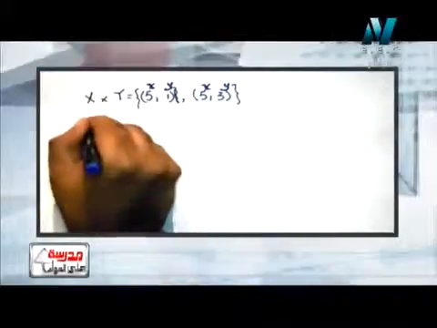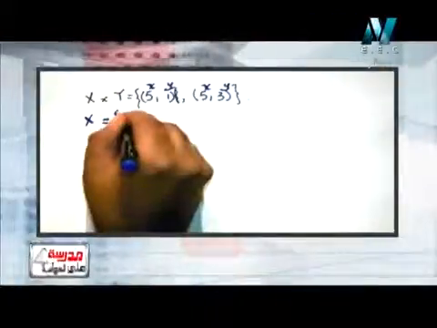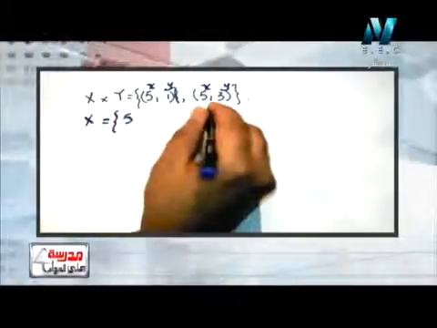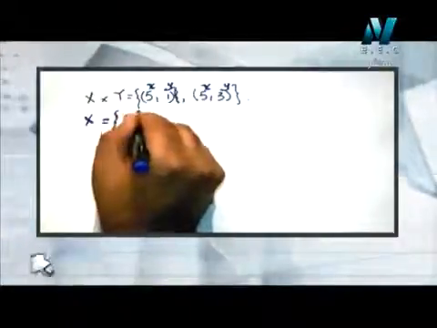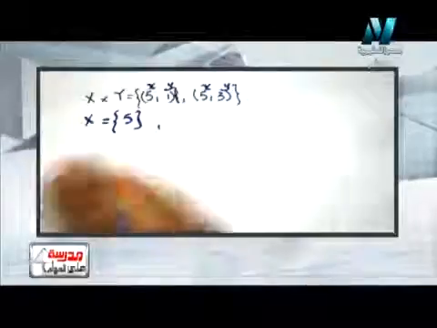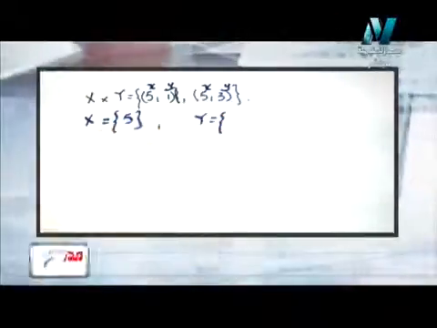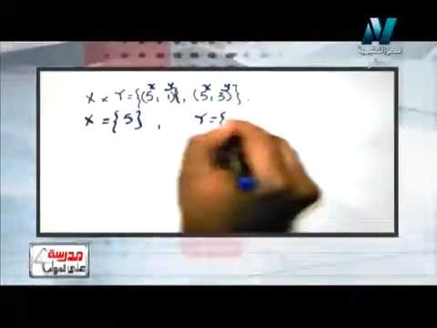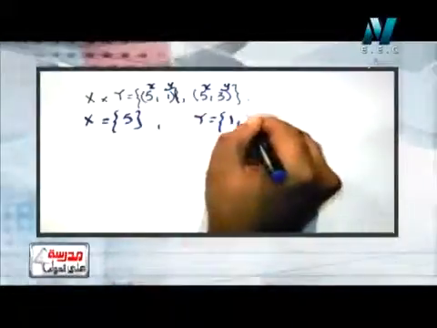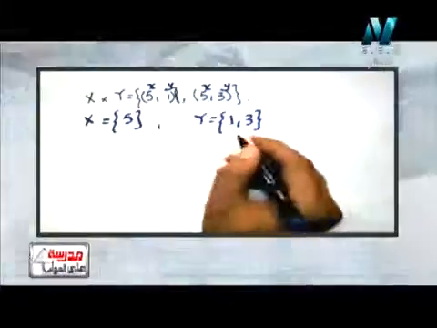We can put here X equals the set of 5, and 5 is repeated, so put here only one 5. What about the set of Y? Write the elements of Y, which represent the second elements here, 1 and 3. So X here equals {5} and Y equals the set of elements 1 and 3.